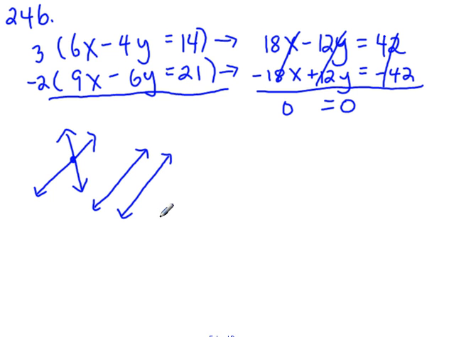Or, as a last example, I can have a line, and then when I go to graph the second line, it ends up being exactly the same line. How many solutions would that have? Infinitely many. As a matter of fact, all real numbers would work to make both of those equations true. So that's infinitely many solutions, or all real numbers.